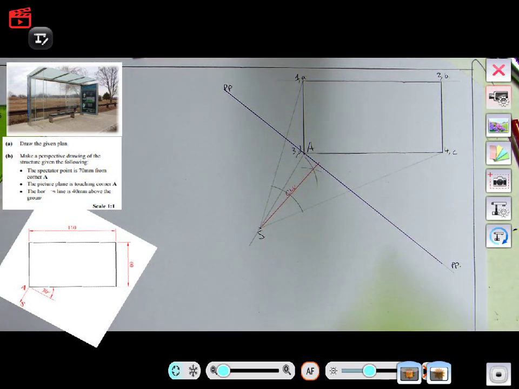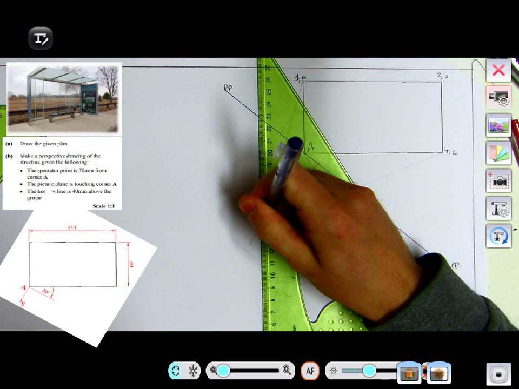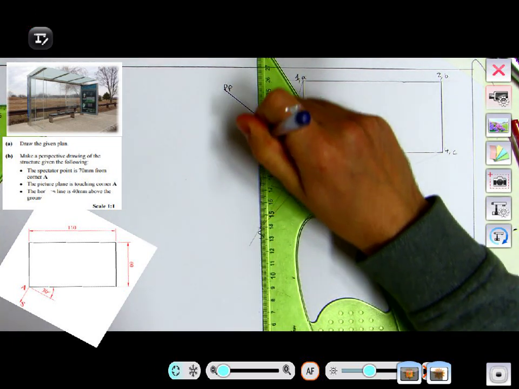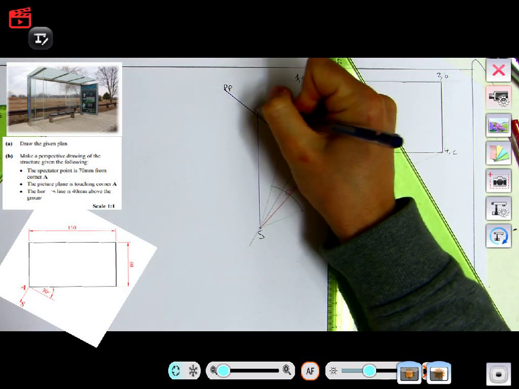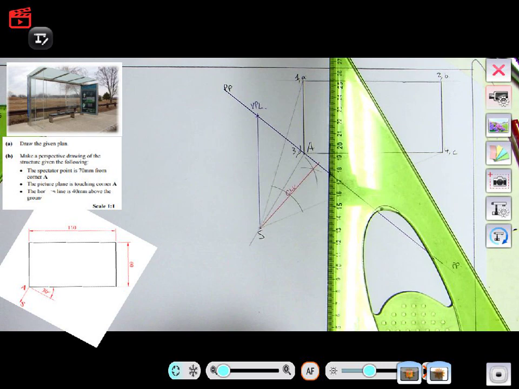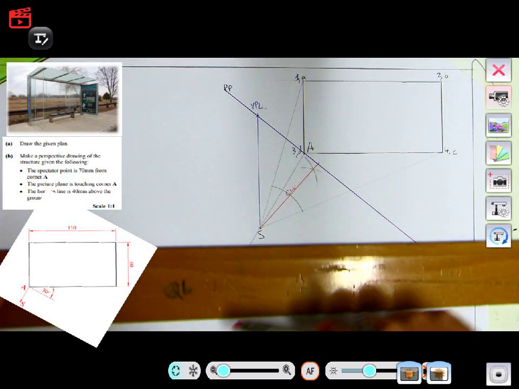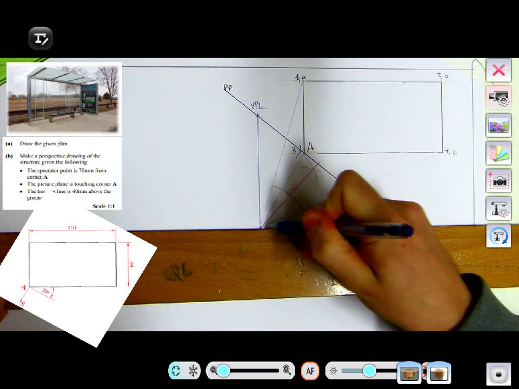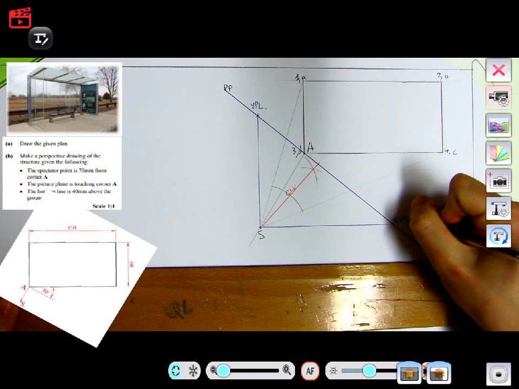So from the spectator's eye, I'm going to create those vanishing points. As the spectator is looking in this direction, everything will disappear parallel to that surface, giving us VPL, and everything will disappear parallel to this surface, giving us VPR.